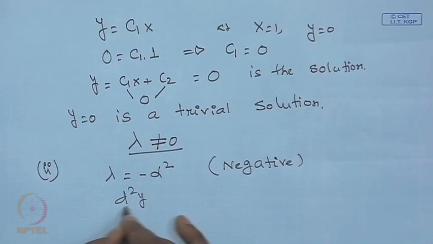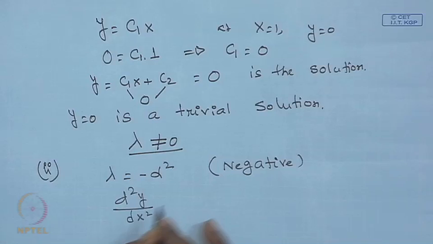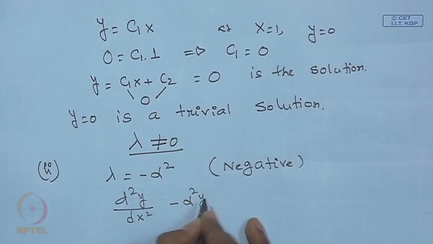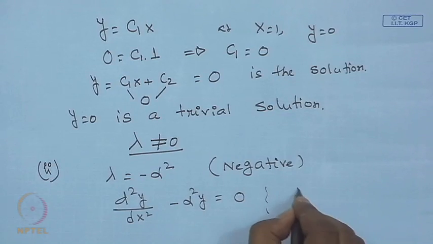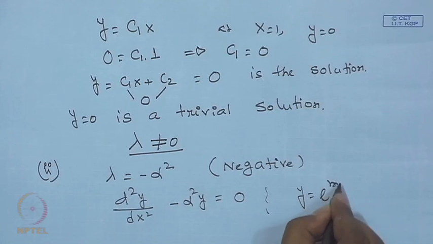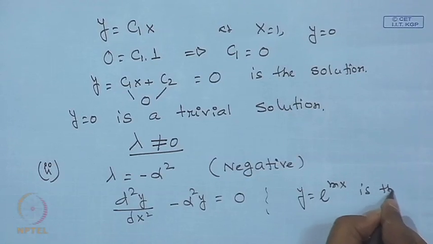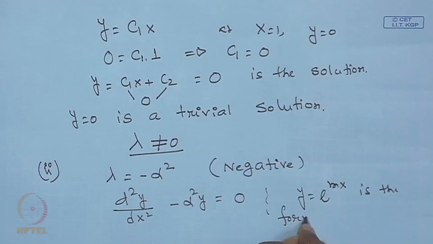The differential equation becomes d square y dx square minus alpha square y is equal to 0. If you know the solution form, it is e to the power m x. So, the form of the solution is y is equal to e to the power m x.